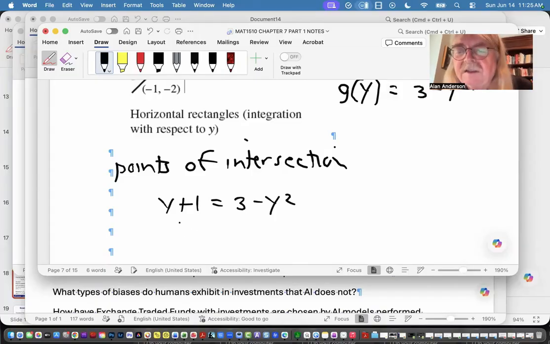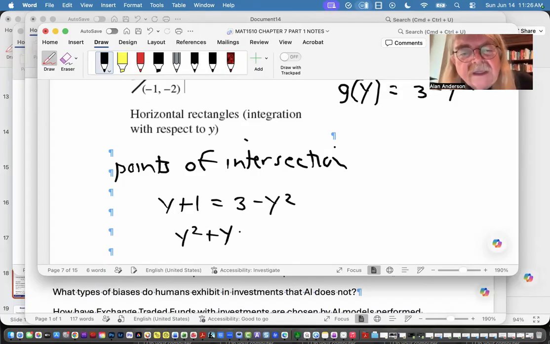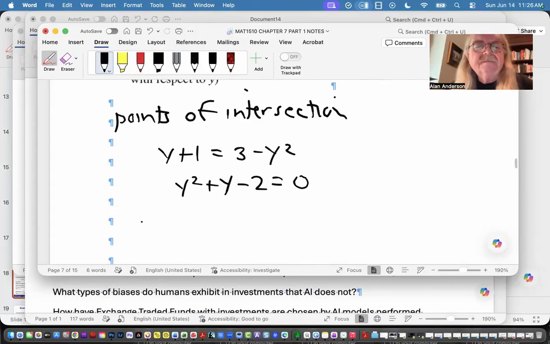So we're going to have a quadratic expression. Let's add this to both sides. Then I'll subtract the 3. Okay, that's good. Then I can factor.